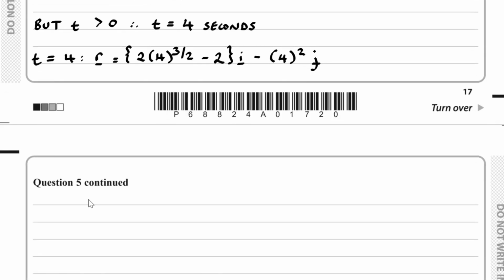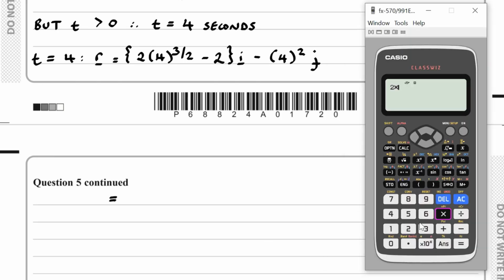So if we work out what r is, we've got 2 times 4 to the power of 3 over 2 minus 2. So it turns out here we get 14i, and then we've got minus 16j.